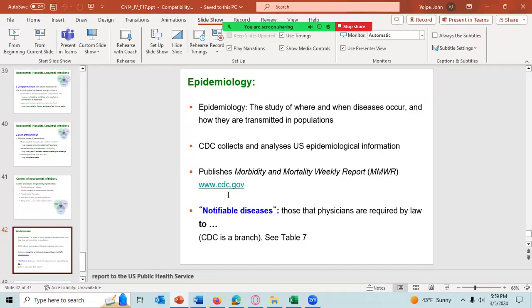Notifiable diseases are those diseases that physicians are required by law to report. And each state has a different list, but generally most states have the same organisms which are notifiable. Any questions about any of that?